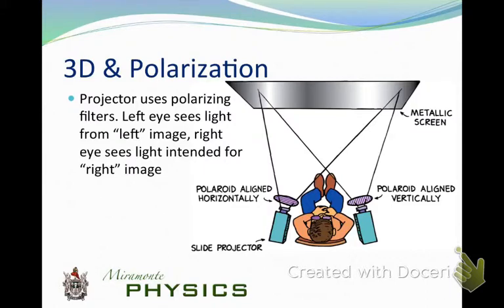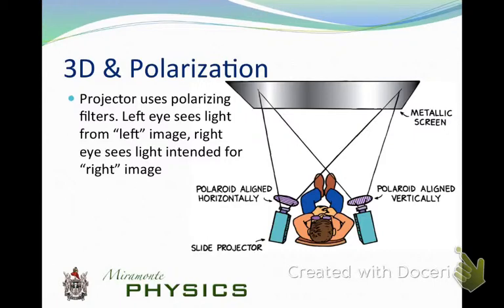What they would do is you'd have a camera over here with a polarizing filter that would be vertically polarized. And then that light would shine off a metallic screen, which allows it to reflect back. So vertically polarized light hits here and then bounces back. Then you have another camera with horizontally polarized light that bounces off and comes back.